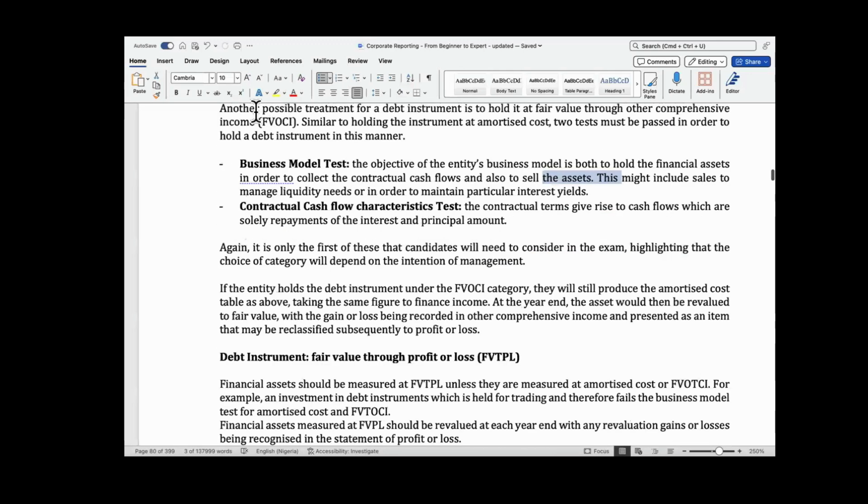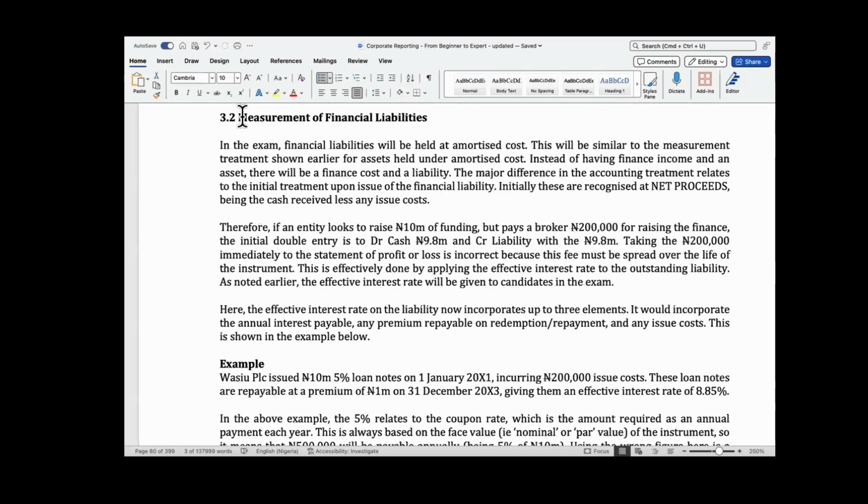So you're welcome. Now, financial liabilities in the exam are going to be classified and measured at amortized cost. This is similar to the amortized cost you learned under financial assets that I've just finished teaching you.